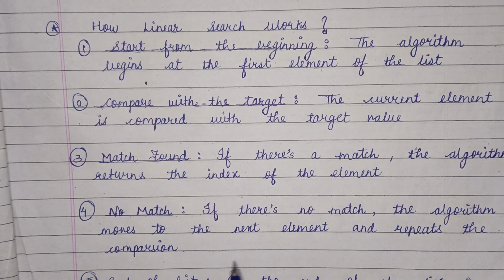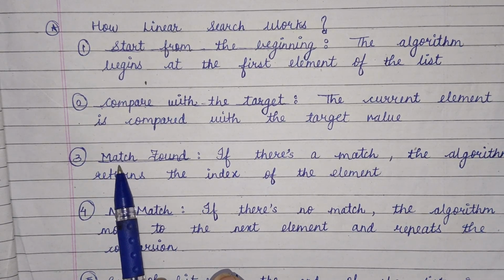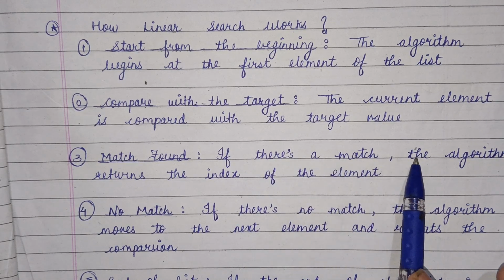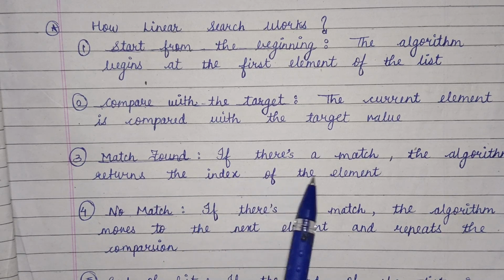Okay, so the third point will be match found. If there is a match, the algorithm returns the index of the element. So suppose we have to find the element 40 in the array or a list, and suppose at index 4 we have found that element 40.